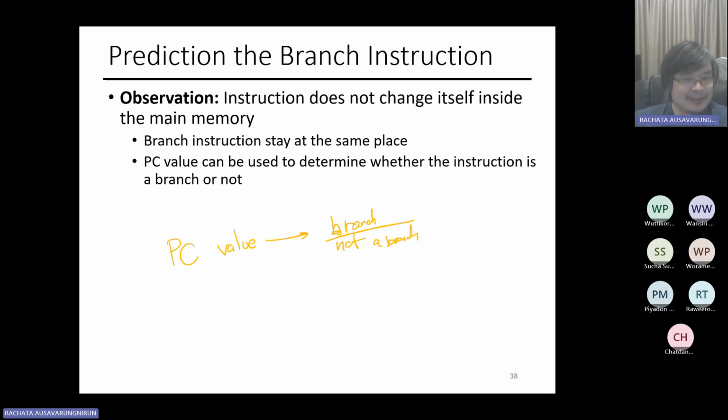So one thing I can do is to put the program counter value in a set. Whenever I see a program counter value that is a branch of my program, I put that value in a set. Say, hey, whenever I see anything that appears in this set, it means it's a branch instruction.